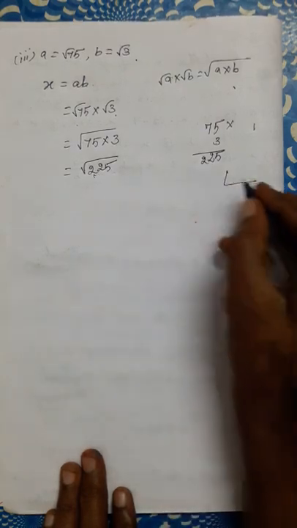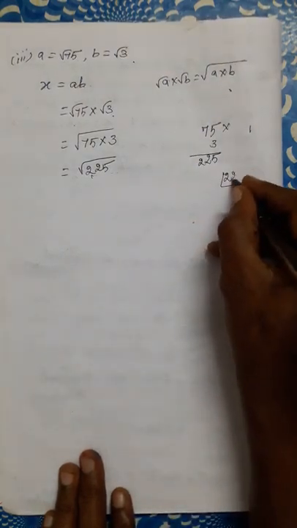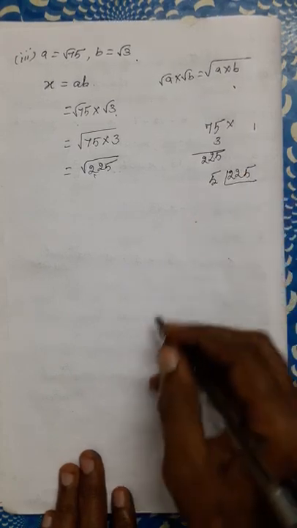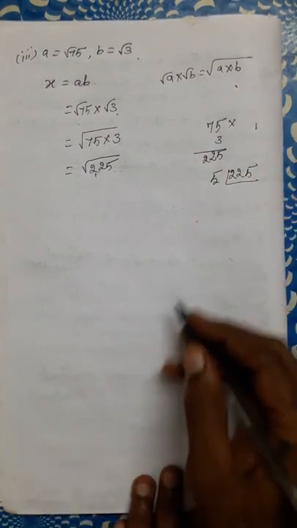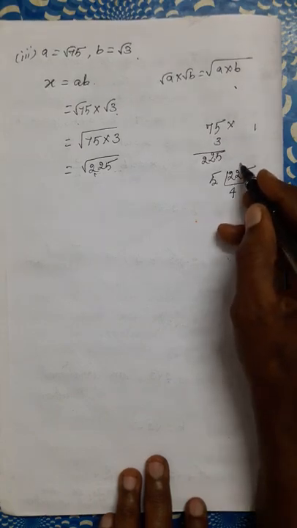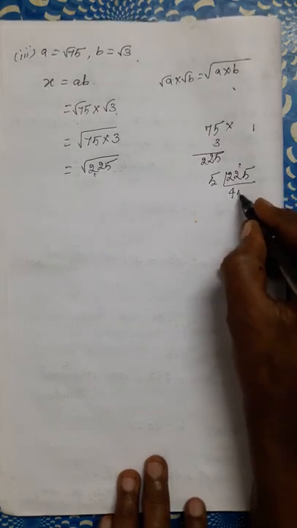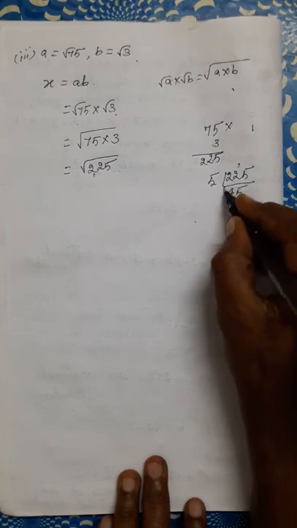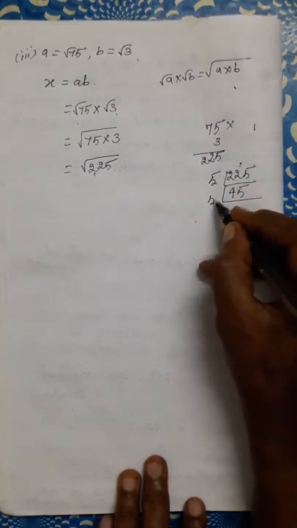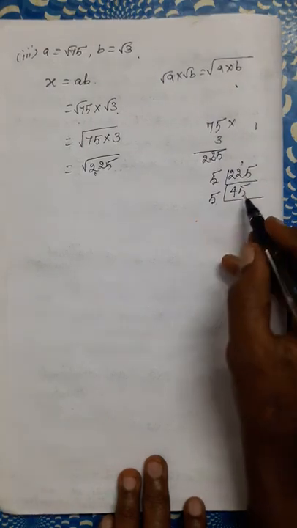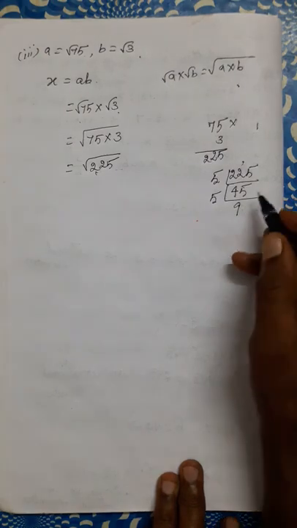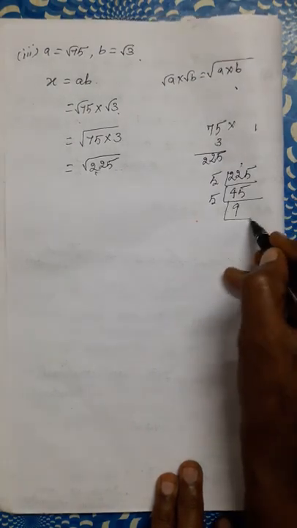Yeah. When we factorize 225, first the 5 table. 5 fours are 20, 2 balance, 5 fives are 25. Again, can it be factorized? Yeah. Which table? 5 table. 9 fives are 45. Next, can it be factorized again?